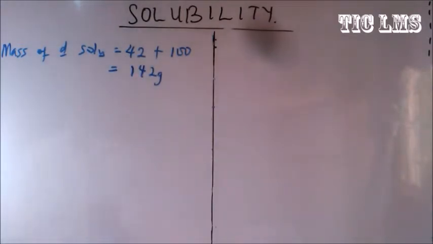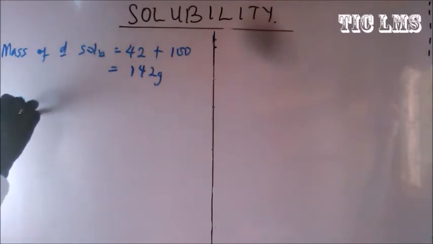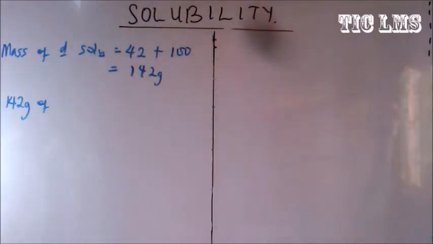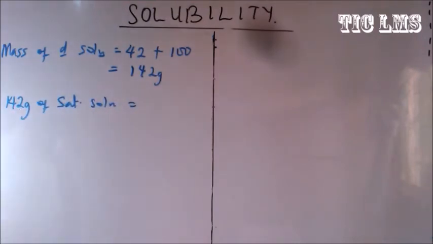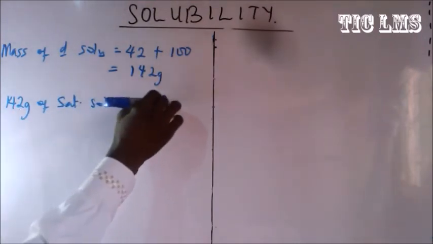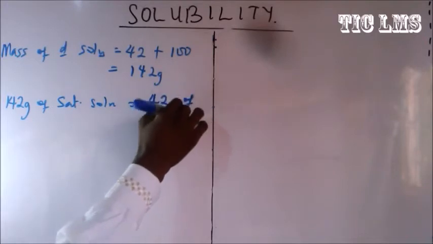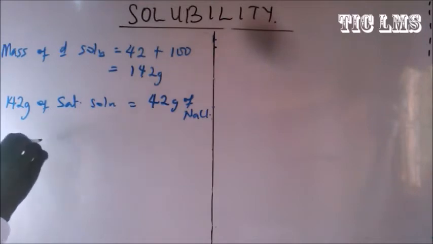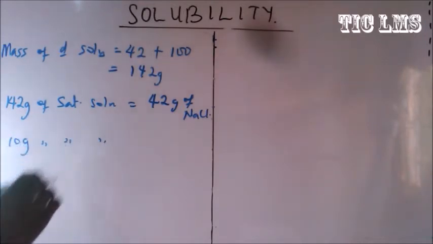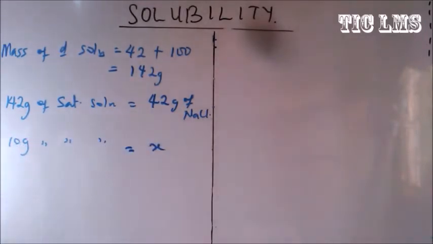So from here we have that 142 gram of the saturated solution contains 42 gram of sodium chloride. If you have 10 gram of the saturated solution at that same temperature, what is the mass of sodium chloride it will contain? So we have 10 gram of the saturated solution will contain how many grams of sodium chloride?